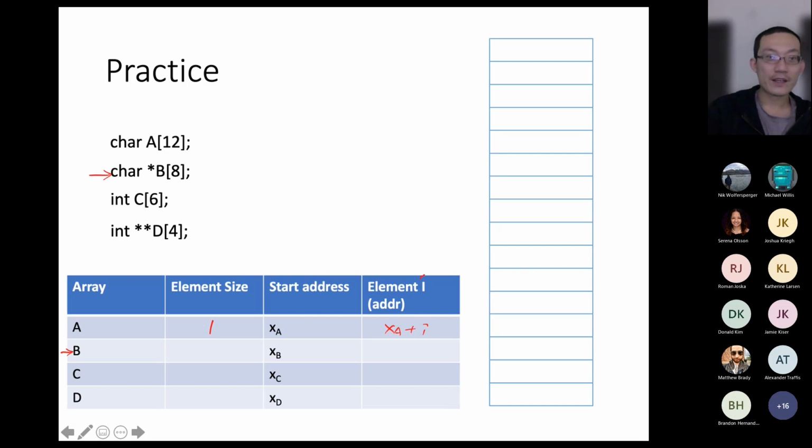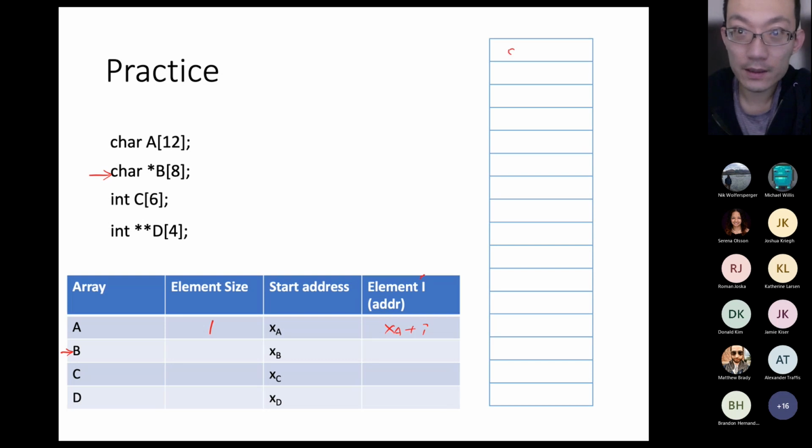Roman, that's right. Let's do it together. For this question, first of all, we see it's an array, and each element of the array is a char pointer. For a char pointer, it is about addresses.